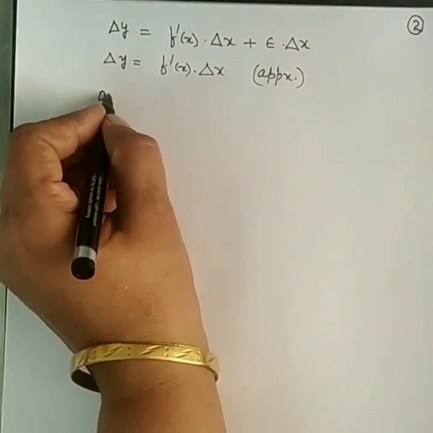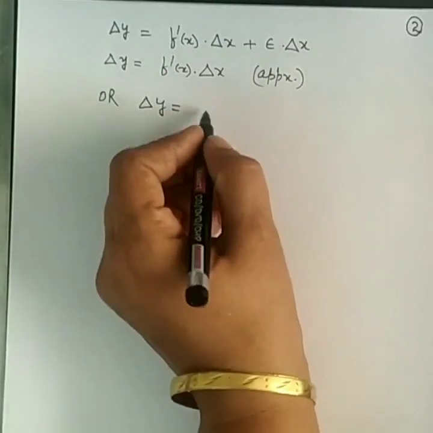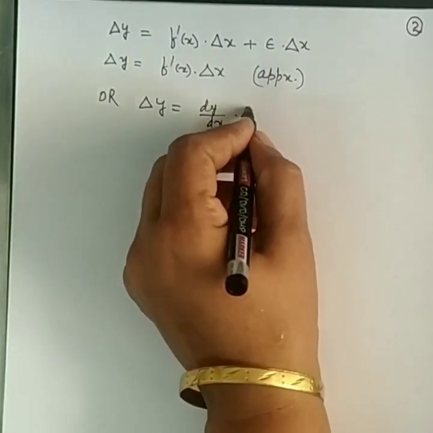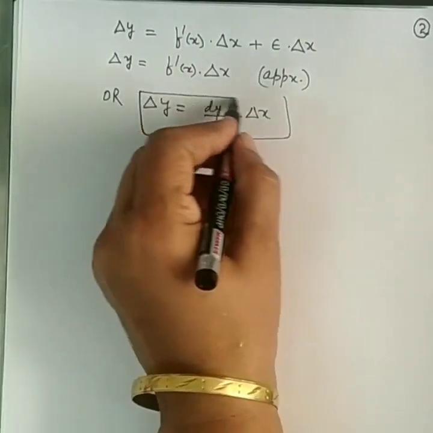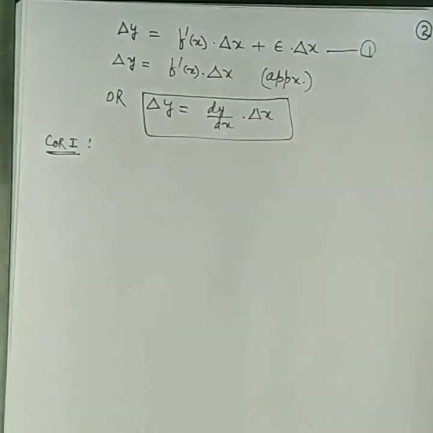Or we can say delta y is equal to f dash x, that means dy by dx, into delta x. This is our result. Let this be equation number 1.